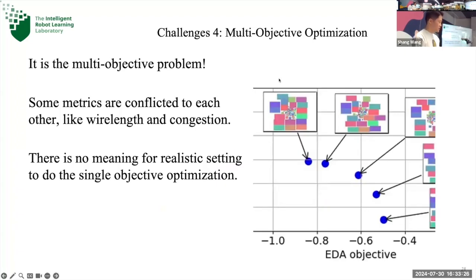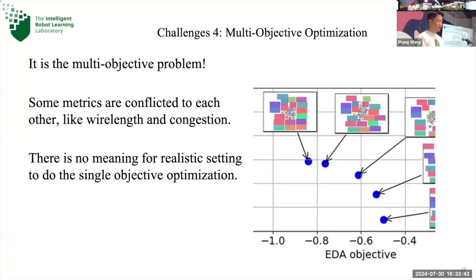Another challenge in the imperfection of the reward setting is multi-objective optimization. All our reinforcement learning chip placement papers mainly optimize the wirelength or use a weighted sum as the reward. But chip placement is a multi-objective problem.